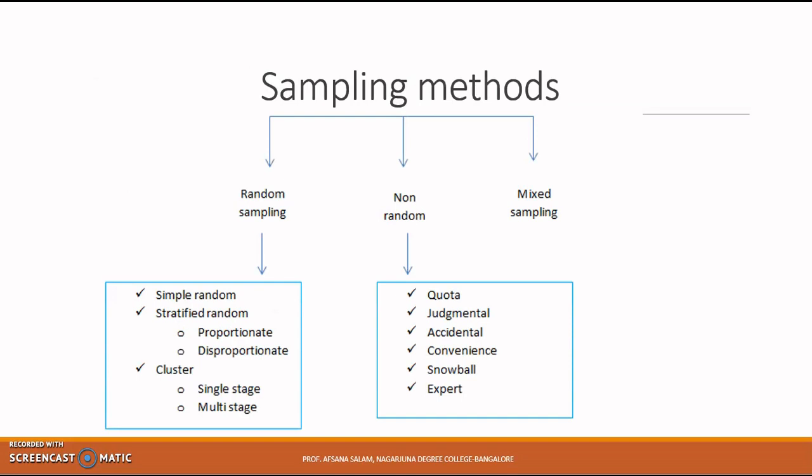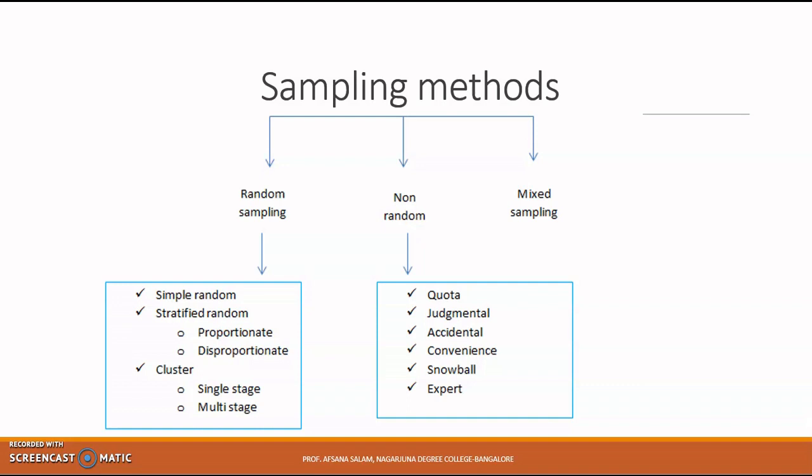So we have seen different methods of sampling. Probability sampling is nothing but random sampling, and non-random is nothing but non-probability sampling. We have three different types of random sampling. Simple random sampling is where you will have a proper structure when you are collecting data.